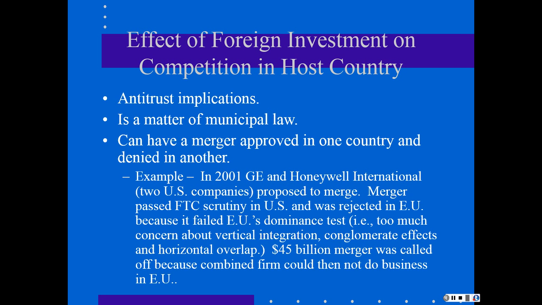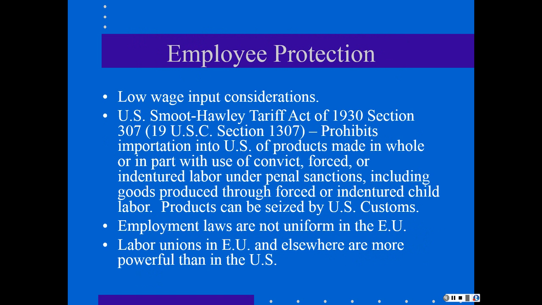Because if they merged and they were a monopoly, then the European governments could refuse to allow them to operate, and that would simply be too much revenue to give up. So they called off the merger. It'll be interesting to see whether the proposed merger of DuPont and Dow Chemical will be viewed the same way by the European antitrust regulators.